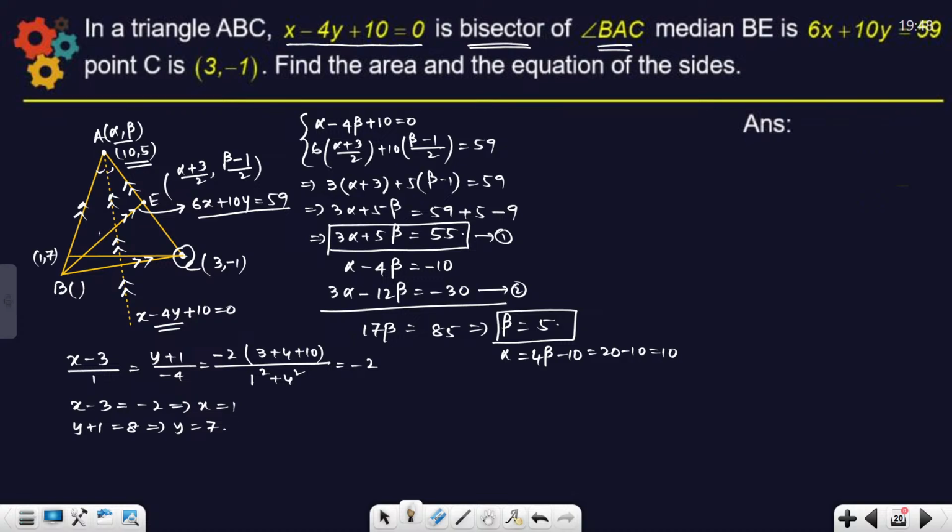Equation of AB we can find out. Let me find out the equation of AB first. What is the equation of AB? (y minus y1) by (y2 minus y1), (x minus x1) by (x2 minus x1).